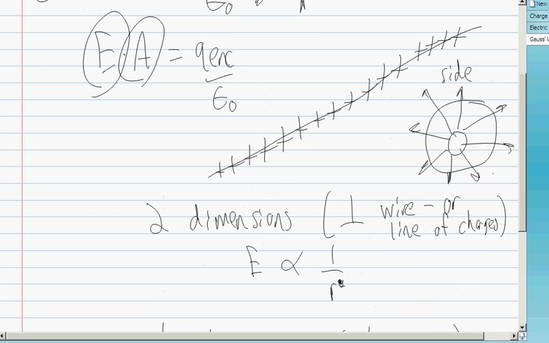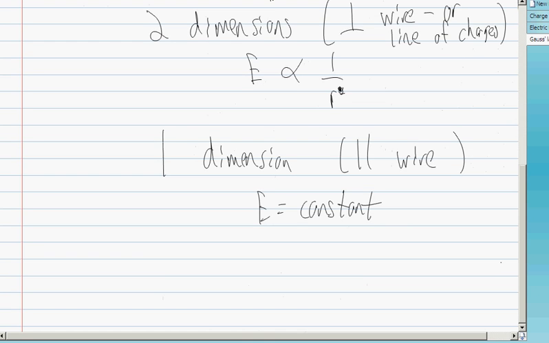If I find the field here, it's going to be the same as the field here, and the same as the field here, because I didn't change how far away I was from it, and I didn't change where I was with respect to the line. Moving from side to side isn't going to make me any closer to the line, so there won't be any shifting. The only way we can deal with that properly is to use a Gaussian surface that is a cylinder.